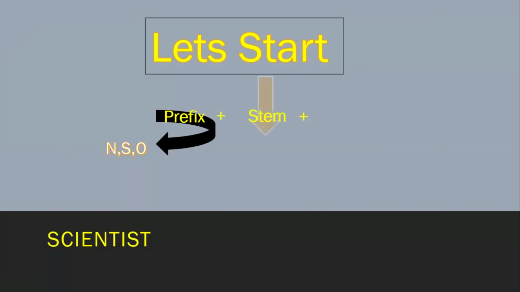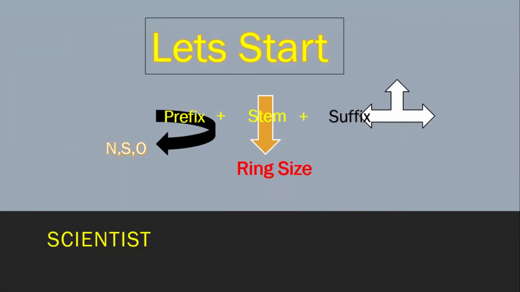Then the stem. The stem represents the ring size, whether it is a 3-member ring, 4-member ring, 5-member ring, or 6-member ring. Finally, the suffix. The suffix tells you whether it is saturated or unsaturated, and whether it contains nitrogen or not.